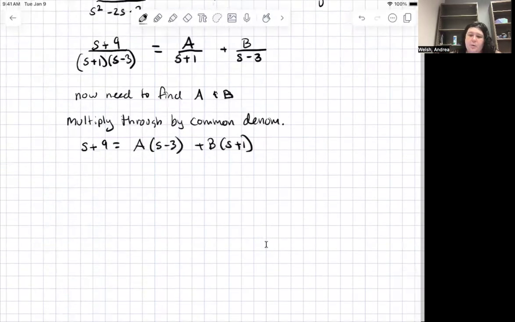Now at this point, we could do a few things. There are two methods here.